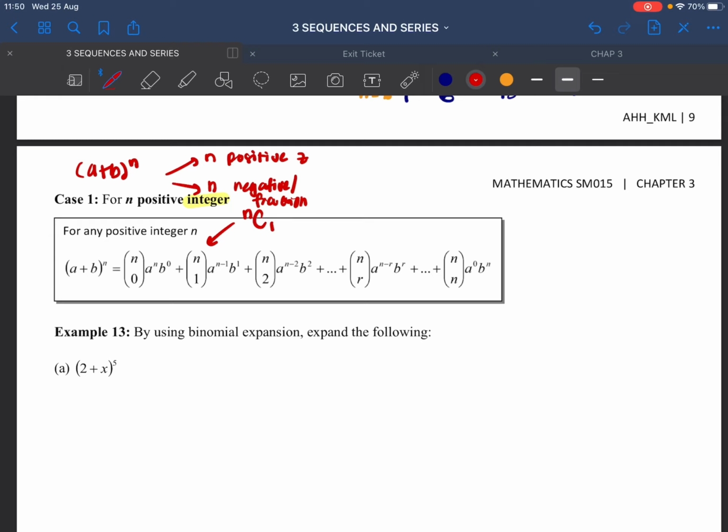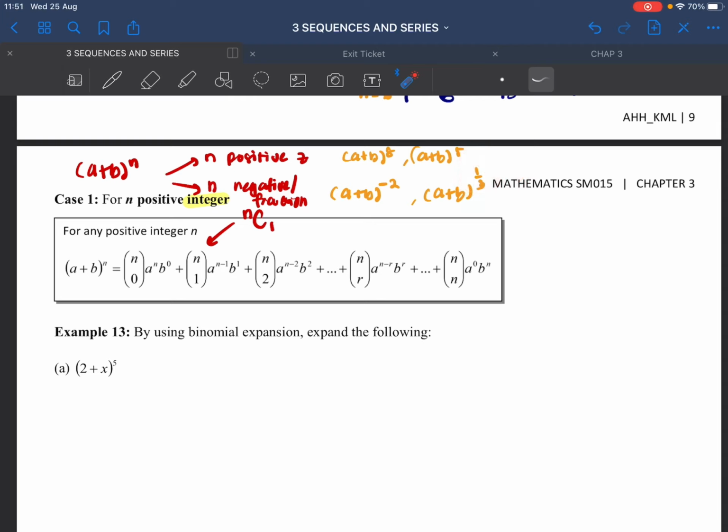So contoh, if you have n positive integer, you will have A plus B to the power of 8, A plus B to the power of 5. Let's say if you have n negative, we will have A plus B to the power of negative 2. Let's say if you have fraction, we will have A plus B to the power of 1 over 3. Okay, so this is positive, but it is not integer dekat situ.